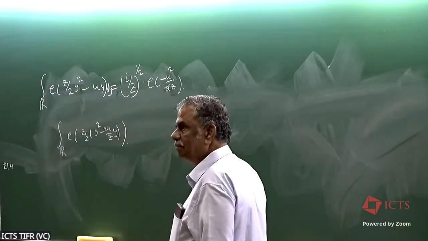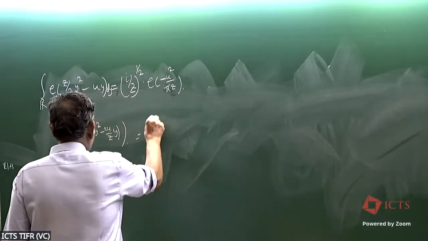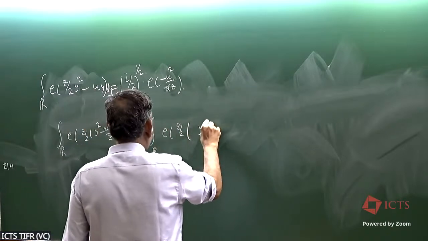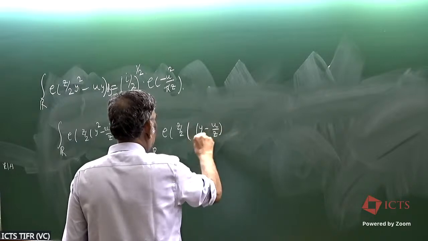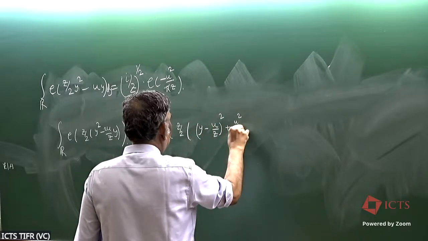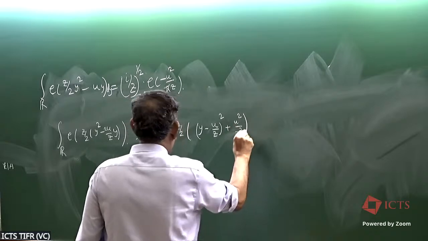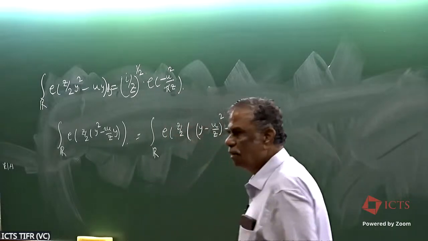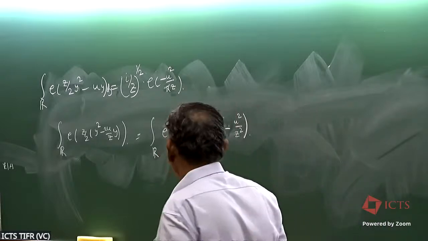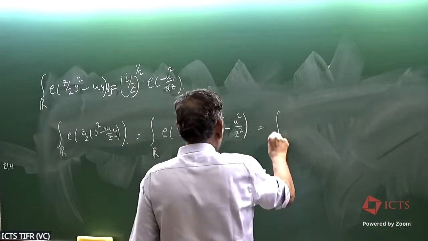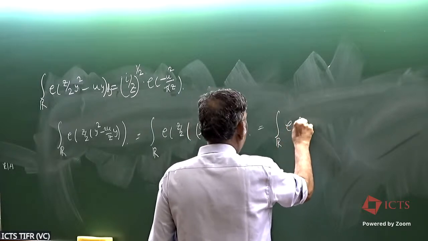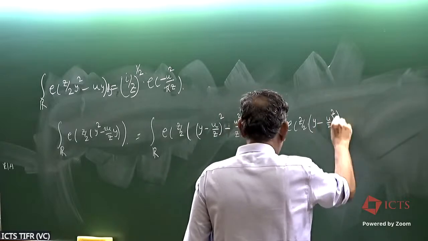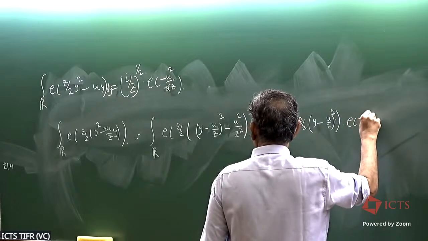The obvious thing is, first of all, complete the square. I have completed the square, and therefore this gives you essentially the integral over R of e power z over 2 into y minus u over 2, whole square, into e power minus u square over 2z.